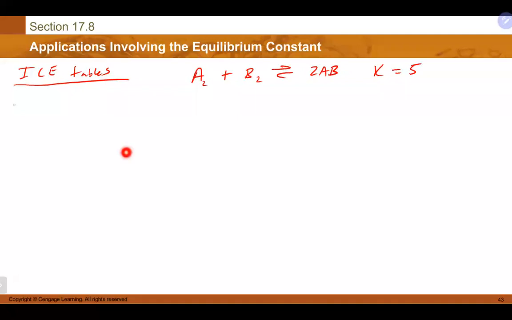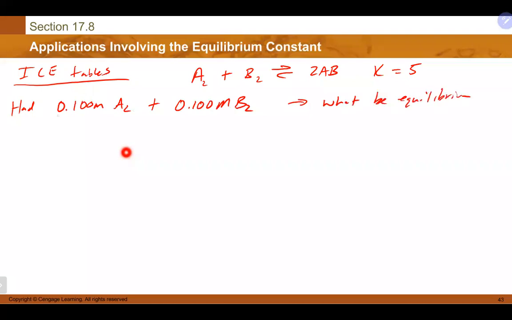So let's say we had 0.1 molar A2 plus 0.1 molar B2. What would be the equilibrium concentrations of all the species? So why don't you take a few minutes here, see what you come up with, see how we're doing.